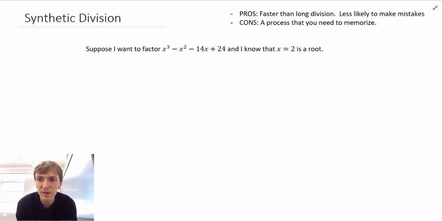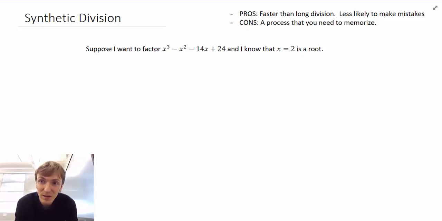Okay, now we're going to solve the same problem, but with another method called synthetic division. Synthetic division has two obvious advantages over long division. One is that it's a lot faster. Two is that because it's cleaner, you're actually less likely to make mistakes. There is one significant downside, though, which is that you just have to memorize how it works.